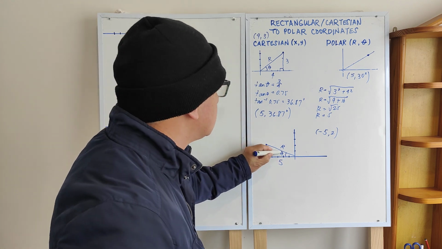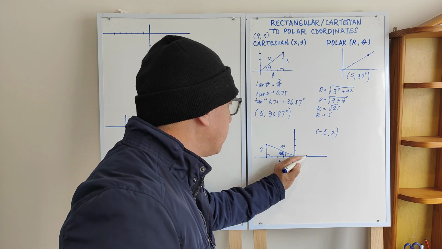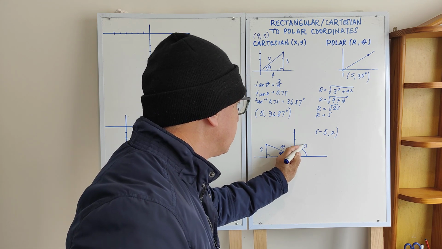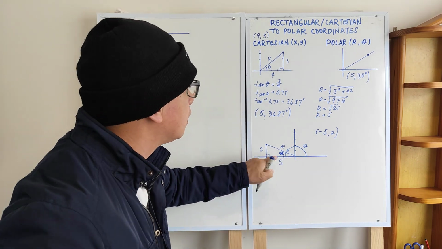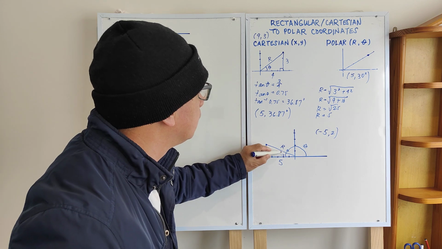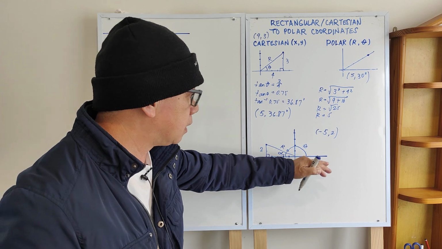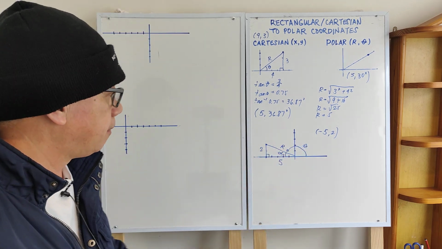Let's say this is alpha. Your angle would be from here to here. This is the one that we would eventually need to find. This is theta, and this is alpha. So we find alpha first. Then 180 minus alpha, you'll get your angle theta.